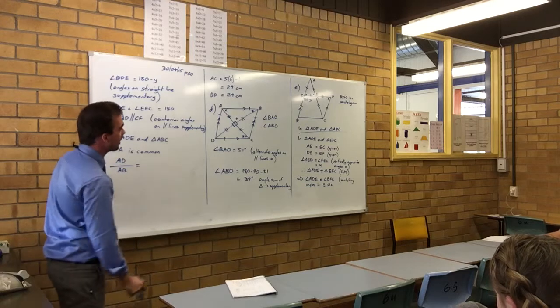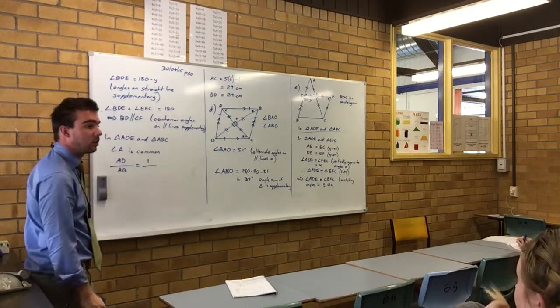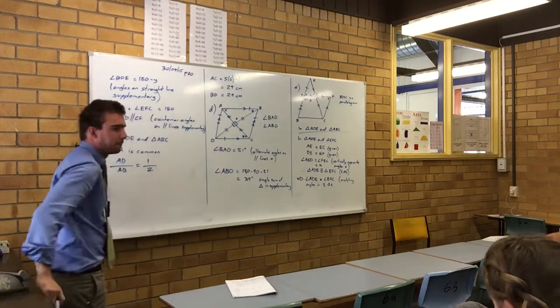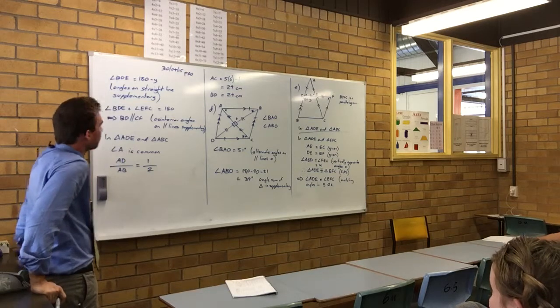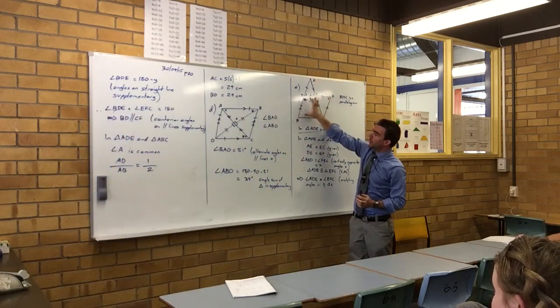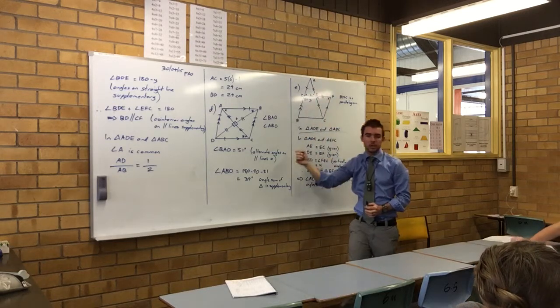So if AD was 1 unit long, therefore AB must be how long? 2 units long, because of the equal marking. So if we call this 1 unit long here, this must be the same distance, so you add them both together, you're going to get double the length for the big triangle.